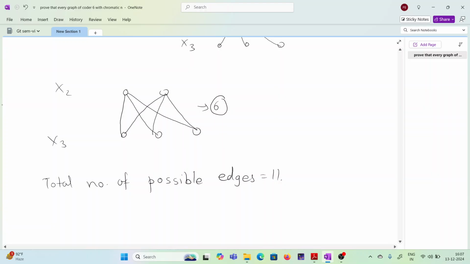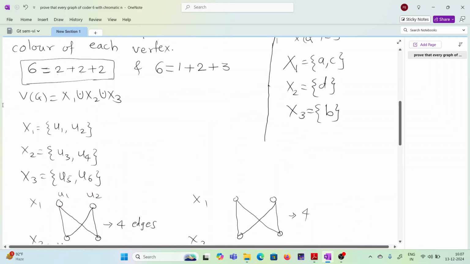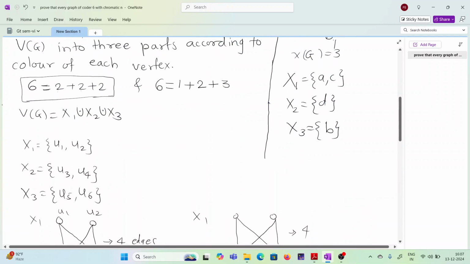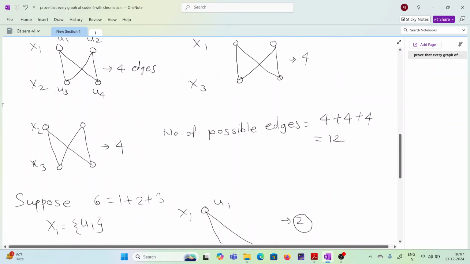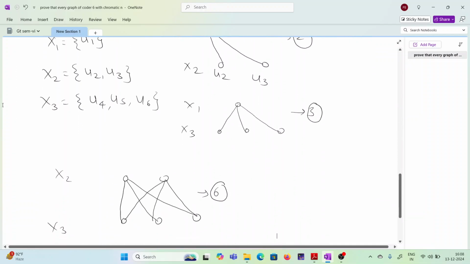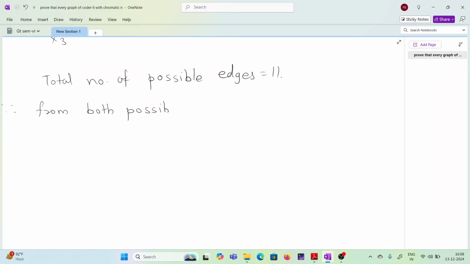And already we have discussed the total number of possible edges when 6 is partitioned into 2 plus 2 plus 2, and the number was 12, and in the second case the number of possible edges is 11.